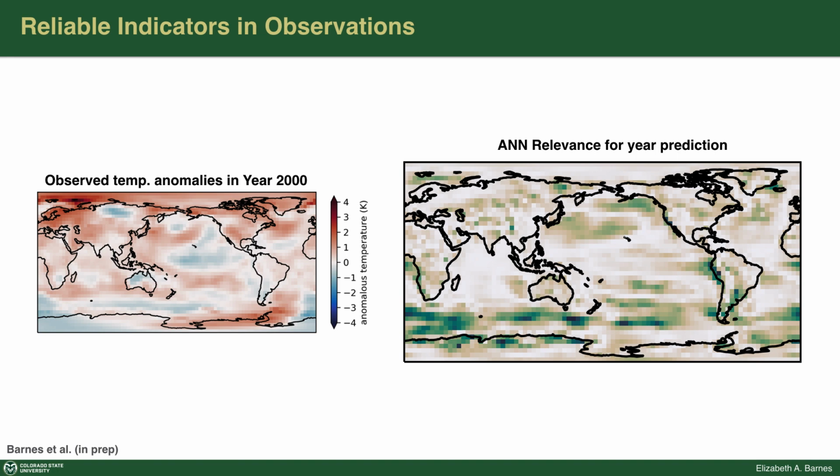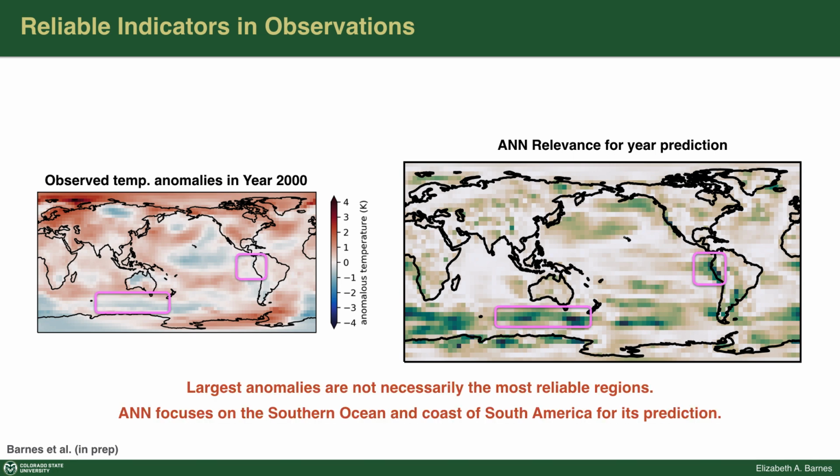The relevant regions used by the network are once again the Southern Ocean, as well as the coast of South America, as well as other regions. And what's interesting is if you look at the observed temperature anomalies on the left, they aren't terribly large in these regions. What it says is that the neural network is not necessarily focusing on the largest anomalies, but the regions that are most reliable indicators of change.